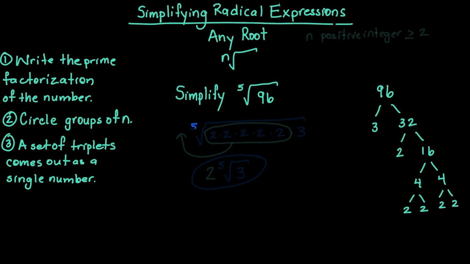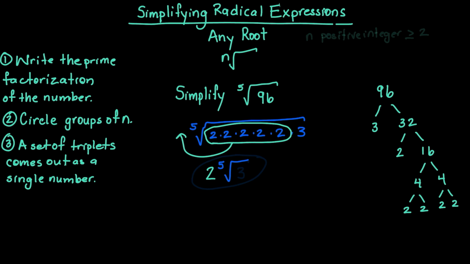So the fifth root of 96 can be rewritten as 2 times 2 times 2 times 2 times 2 times 3. And you'll notice I have a set of 5 2s that will come out as a single 2. And we're left with the fifth root of 3. So 2 times the fifth root of 3 is our final answer.